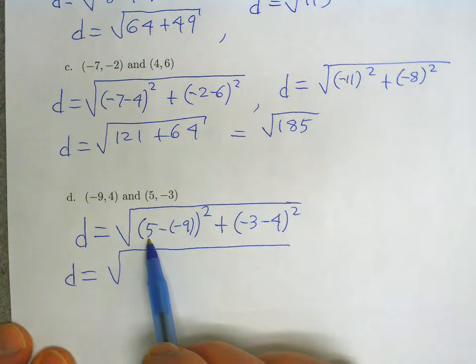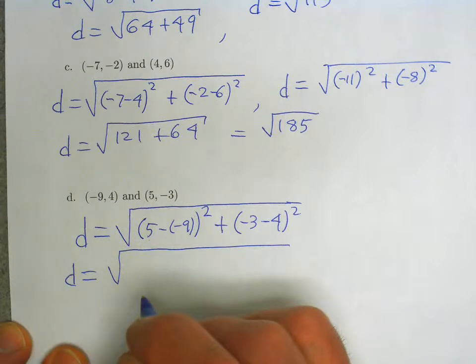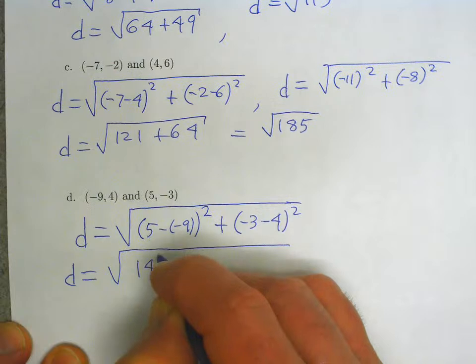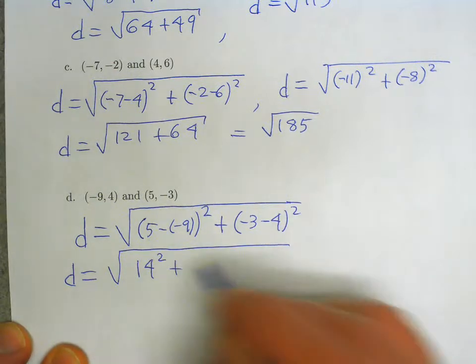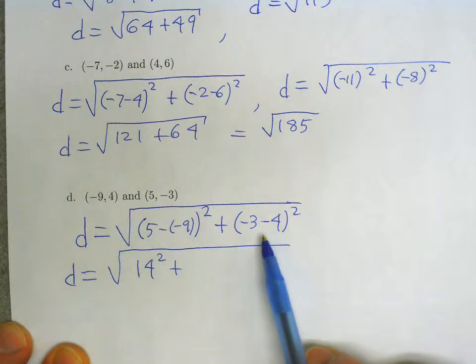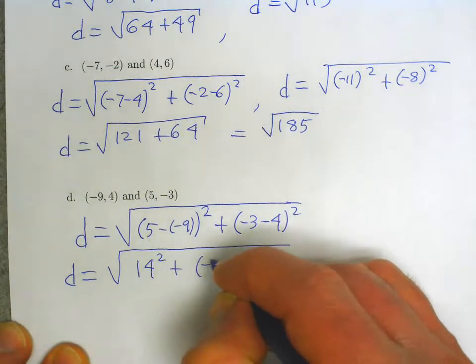Okay, so inside the parentheses, 5 minus -9 is the same as 5 plus 9. And 5 plus 9 is 14, so we get 14 squared. And then in the other set, -3 minus 4 is -7, and I'll just write -7 squared.